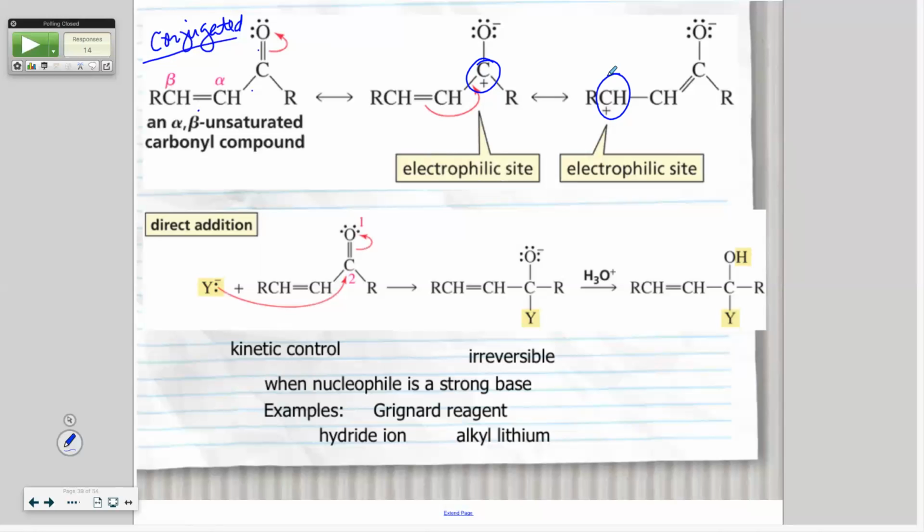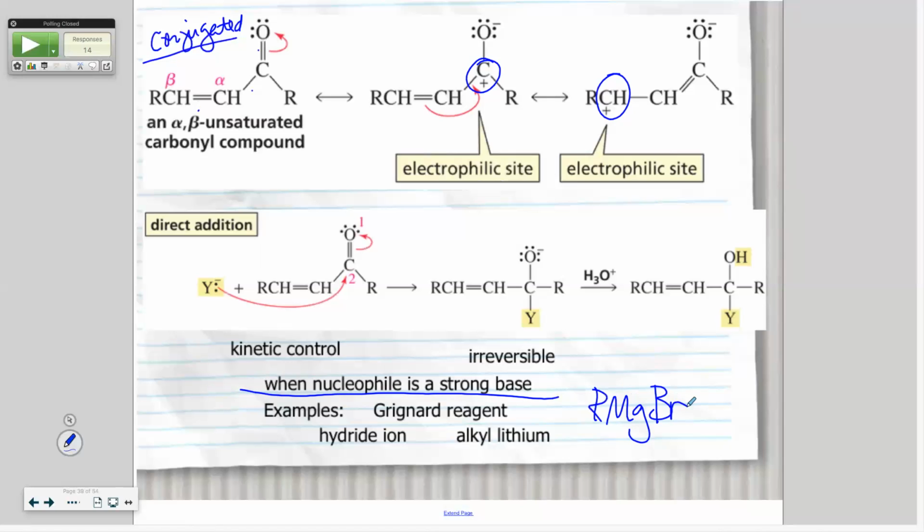So when the nucleophile is a very strong base, examples of that are Grignard reagents. Y'all remember those, right? MgBr or MgI or MgCl, but R. I'll write R, MgBr. Those are the ones we did the most. A hydride ion.